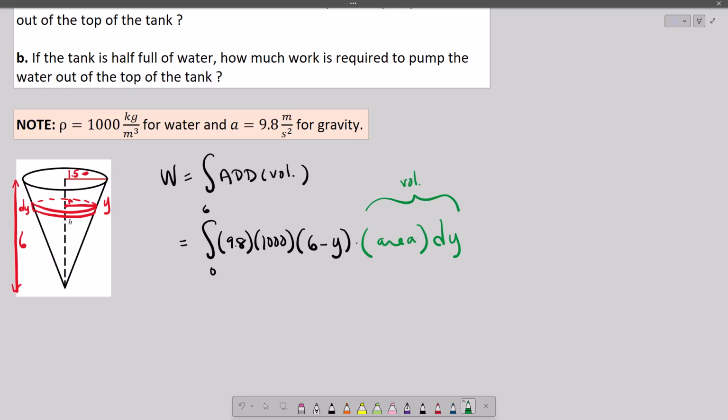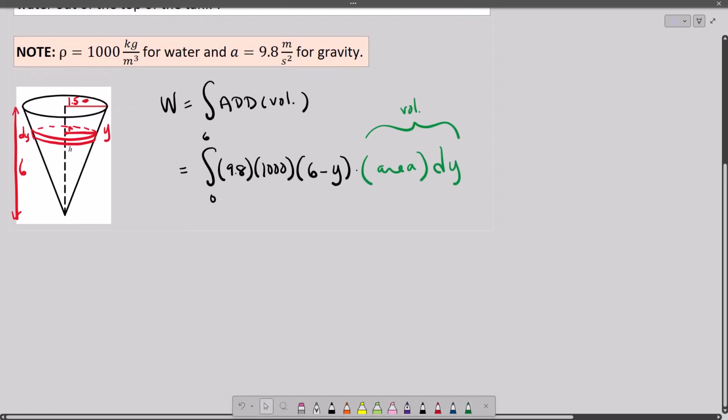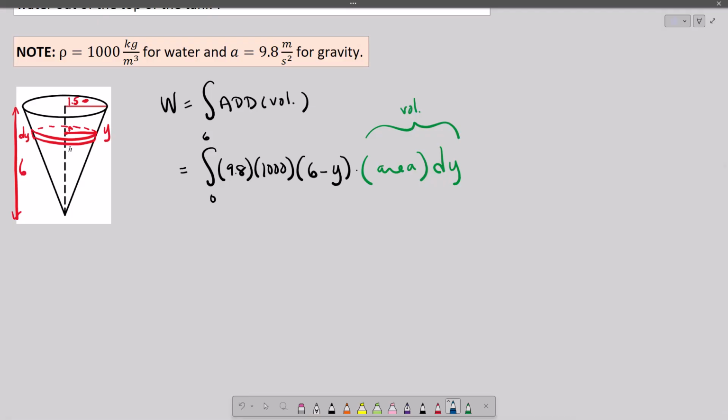All right. So let's come off to the side here. And we know that the cross-sections are circles. So we're finding the area of a disk, which is pi r squared. We need to know the radius. The radius is variable. It depends on where you draw it. And that radius is horizontal, so it's an x value.